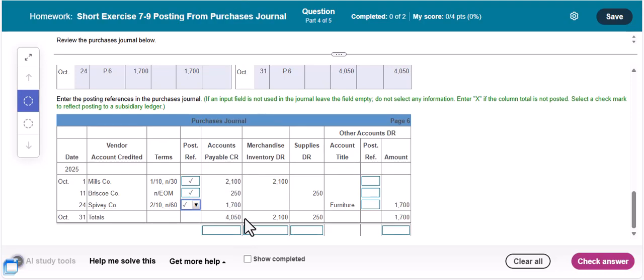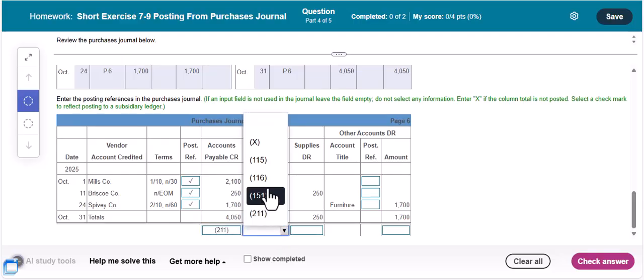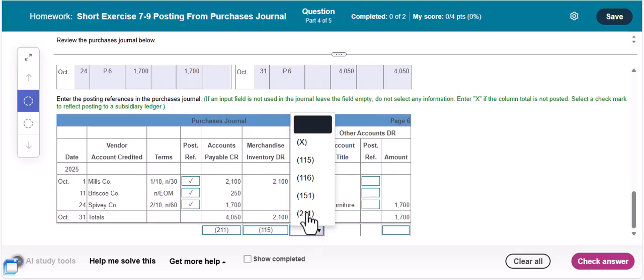All right, and then this $4,050 is posted as a total to AP, which is account number 211. And then $2,100 was posted to account 115, the merchandise inventory. And then supplies was posted to account 116 for this $250 total. And then do we post this $1,700 total here?